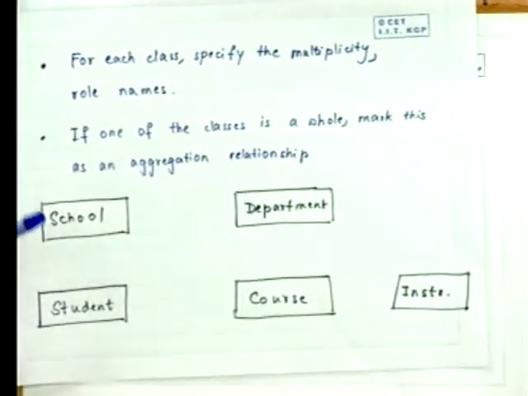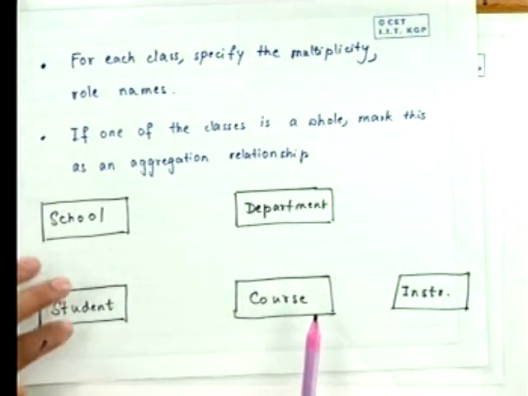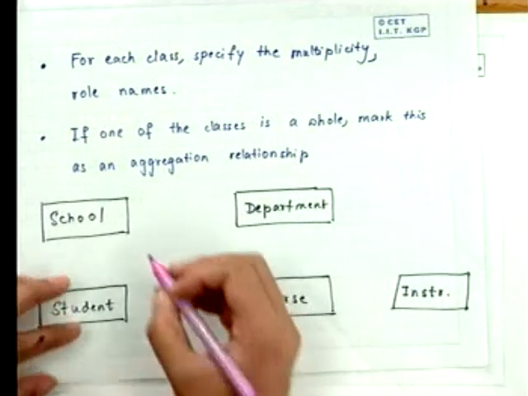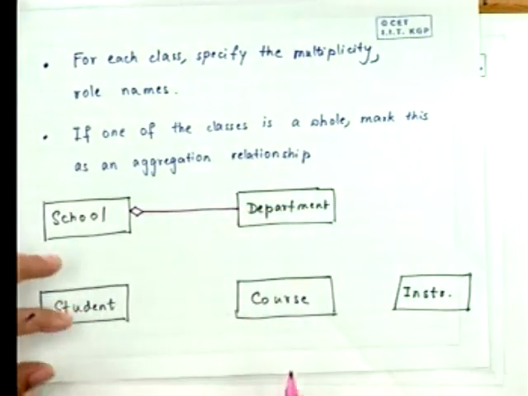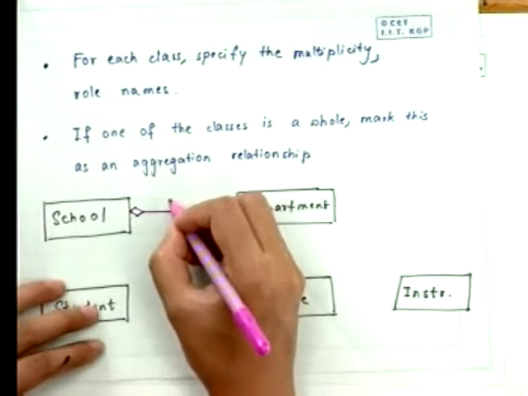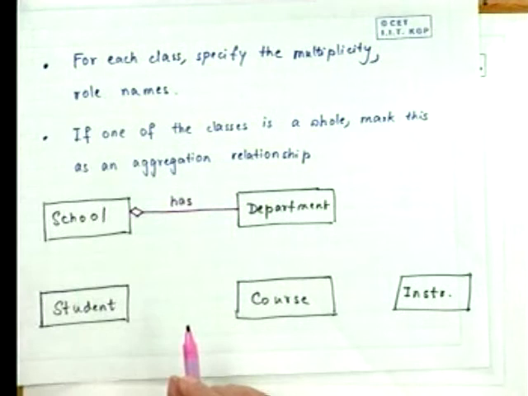Now you can see that there is a relationship between school and department, which is an aggregation relationship. So a school has departments. The name of this relationship is has.